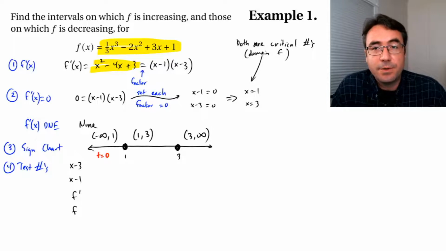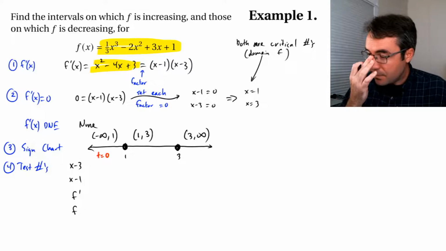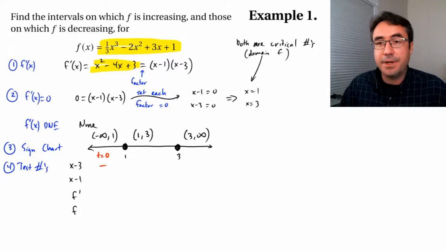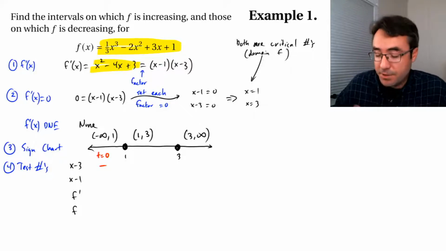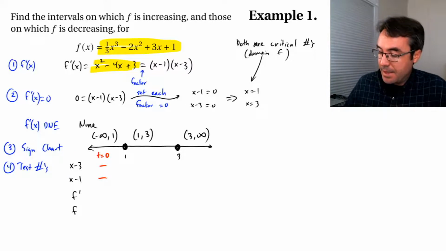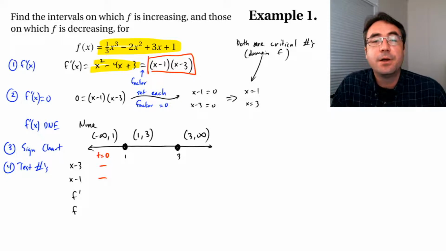So when I plug 0 into that x minus 3 factor, I get -3. So it's negative there. When I plug 0 into that other factor, x minus 1, I get 0 minus 1, which is -1, so I get a negative. And so our original derivative there was x minus 1 times x minus 3.